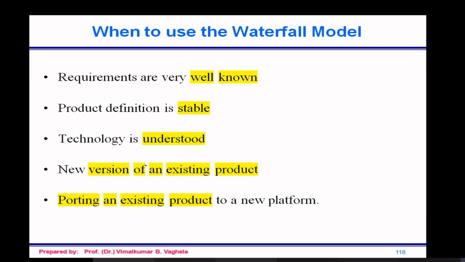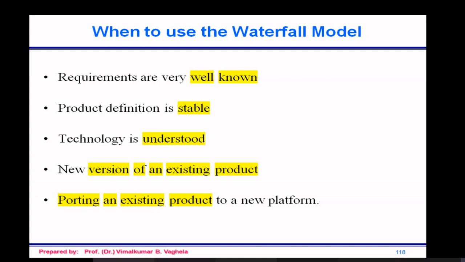If you are developing a new version of an existing product, then obviously we follow the waterfall model. Like MS Office 2016 is available now. If they are planning to develop MS Office for 2020 or 2022, the older version is already available, we have to add some features and the new version will be there.